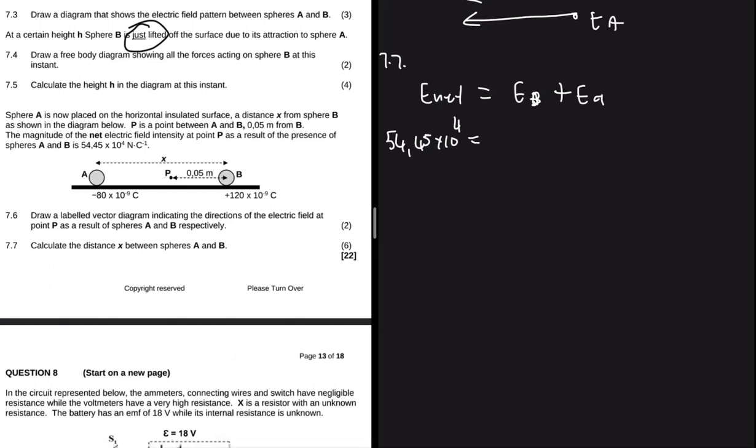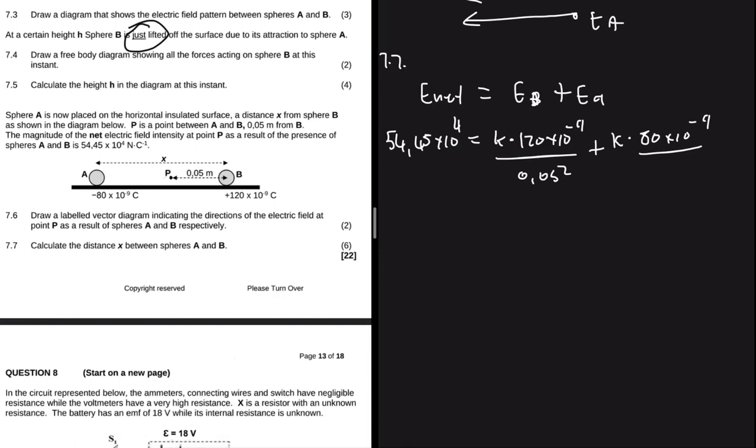And then the electric field due to B will be K. I won't substitute anything for K for the sake of space, right? And then the magnitude of B is 120 times 10 to the minus 9 divided by R squared, the distance between P and B, which is 0.05 squared. And then plus K again for the sake of space, the magnitude of A, 80 multiplied by 10 to the minus 9 divided by R squared.